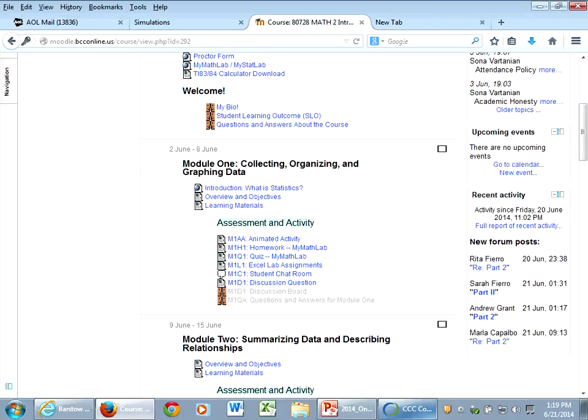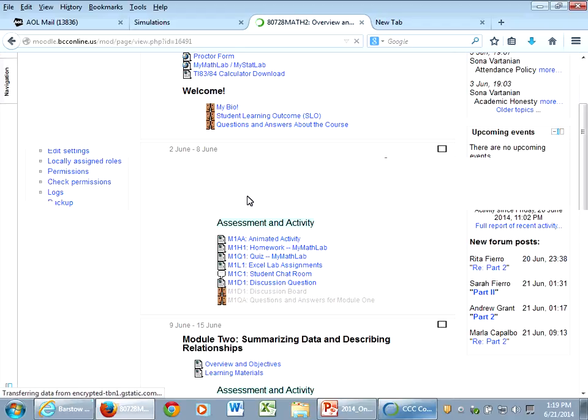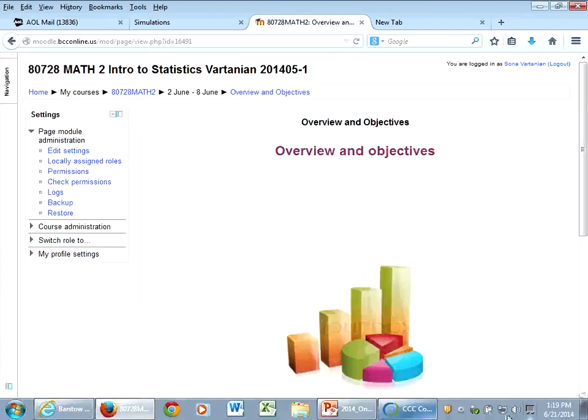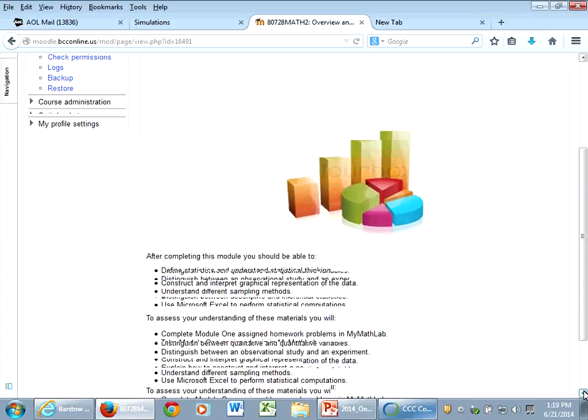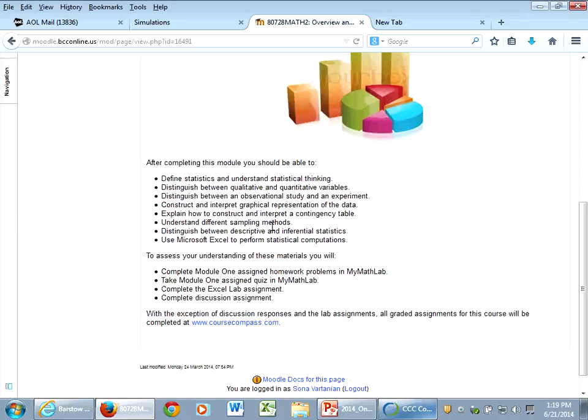Referring to module 1, I always write the overview and objective of the lesson: what students are going to learn, and I always tie it to the course objective and student learning outcome. I also tell them how they're going to be assessed. My homework and quizzes are done in my math lab, where students can connect through the website.